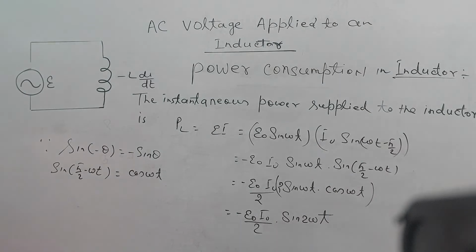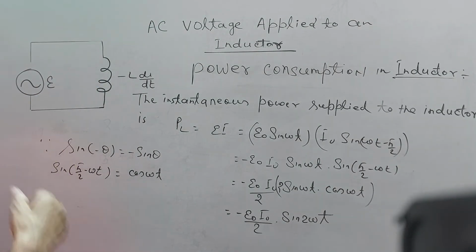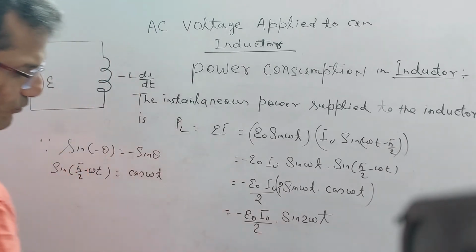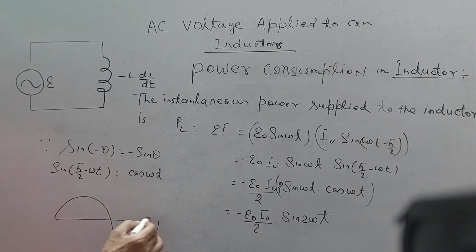If I calculate the average over one complete cycle, the power comes out 0, because the average value of sine 2 omega t in one complete cycle is 0. This is the sine function, one complete cycle. First half is positive, second half is negative.